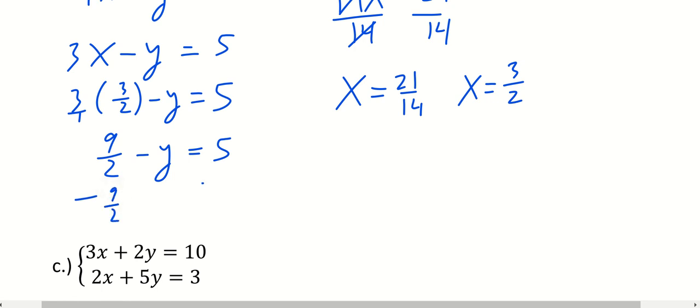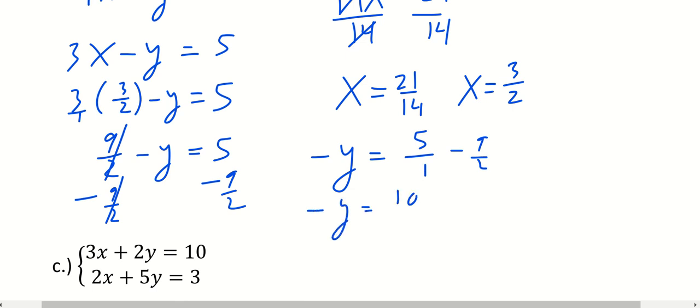We would now subtract 9 halves from both sides. Cancels, cancels. We get negative y equals 5 minus 9 halves. That's the same thing as 5 over 1. Get a common denominator, which is going to be 2.